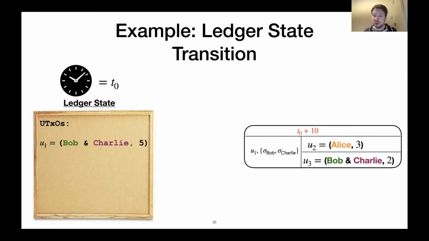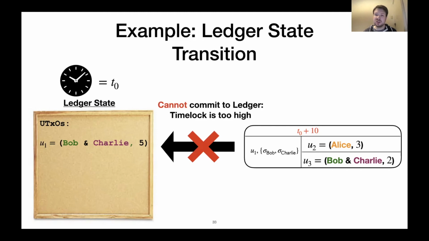This input also contains the required witness to spend this UTXO. Moreover, it defines two new UTXOs, U2 and U3. However, its time lock is t0 plus 10, such that if we tried to send it to the ledger right now, at t0, it would not be processed by the consensus protocol and not be added to the ledger.